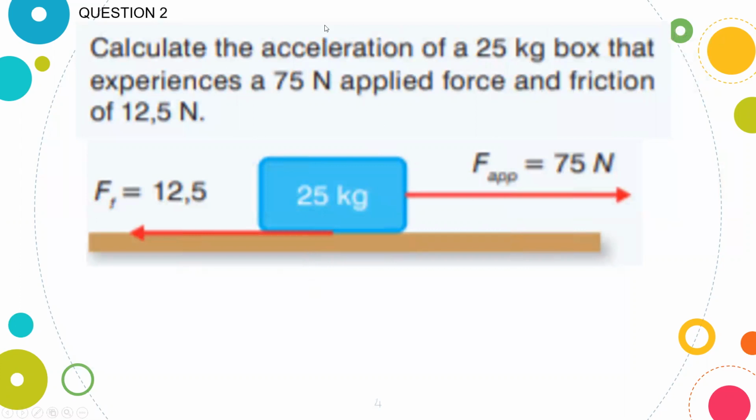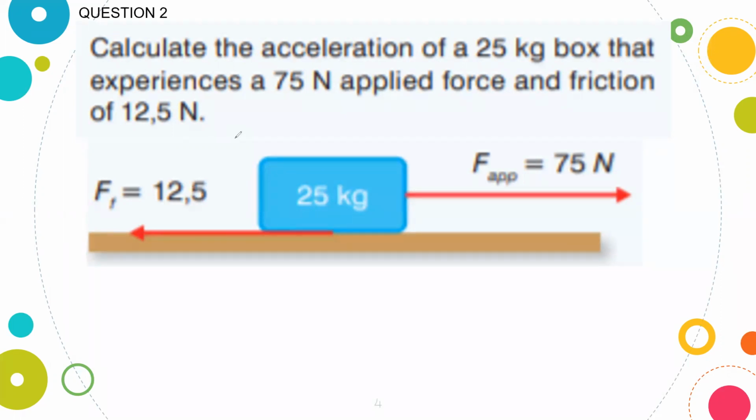Okay, now calculate the acceleration of a 25 kg box that experiences a 75 newtons applied force, and the friction force is 12,5 newtons. Now F net is not given, but what we know is the applied force and friction force. Friction force is also in newtons, so you can just add it.